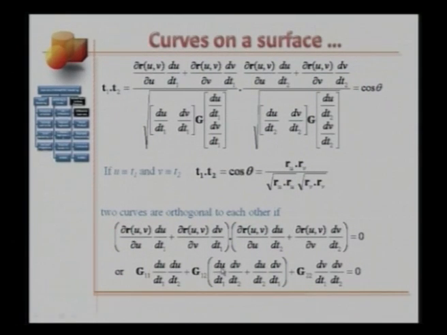Here we have du over dt1 times dv over dt2 plus du over dt2 times dv over dt1, plus g22, which is r sub v dotted with r sub v, times dv over dt1 times dv over dt2. This is a general expression. Here we are not assuming that u is t1 and v is t2. For the two curves to be orthogonal, this dot product between the two tangents has to be equal to 0.